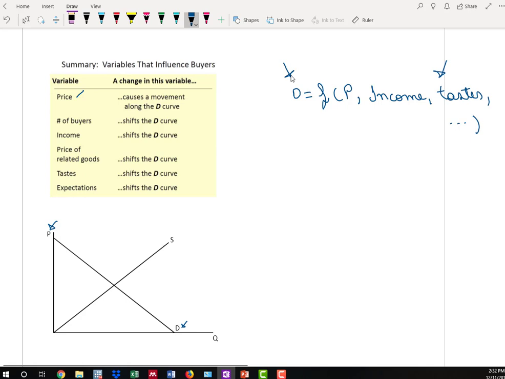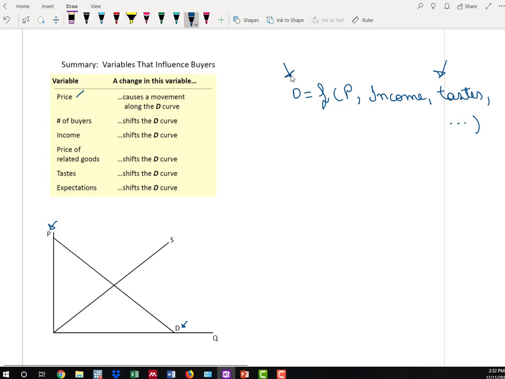Now, once I understand that, the next step is to intuitively determine if I am shifting to the right or to the left. And the final step would be to verify what happened to the equilibrium price and the equilibrium quantity in the economy. Doing that is easier than it sounds. Let's practice that with some examples.